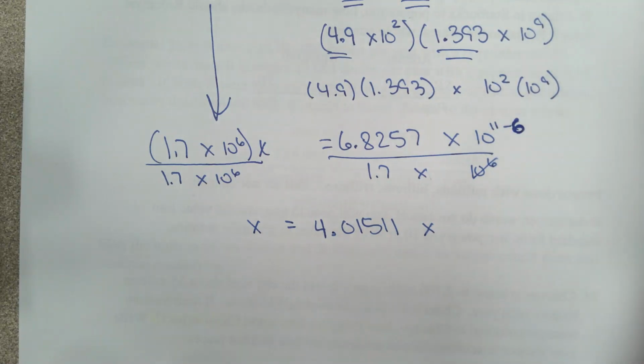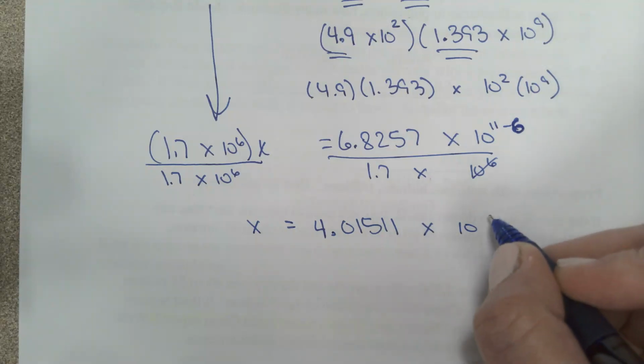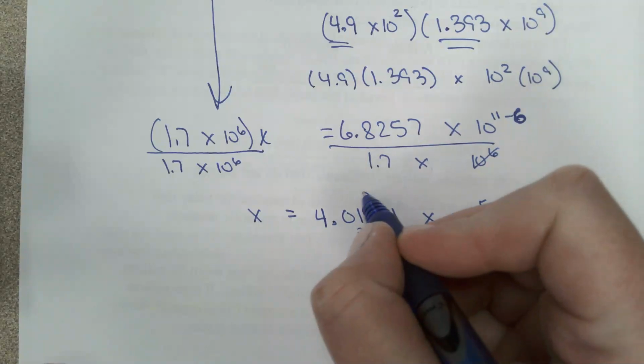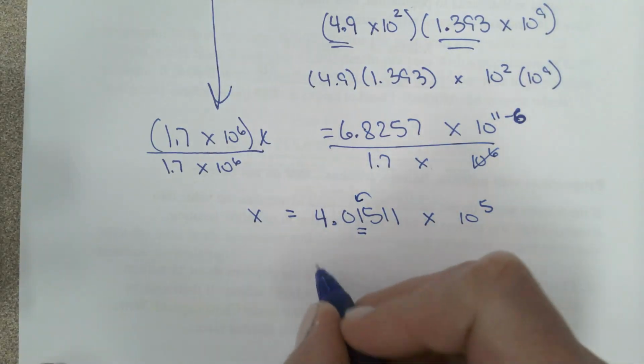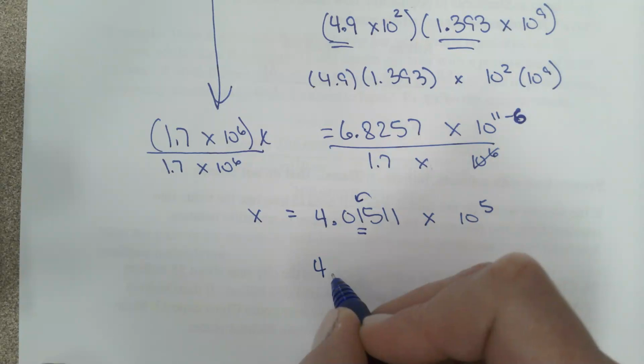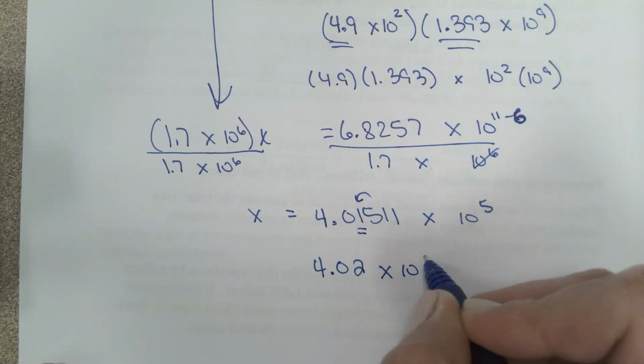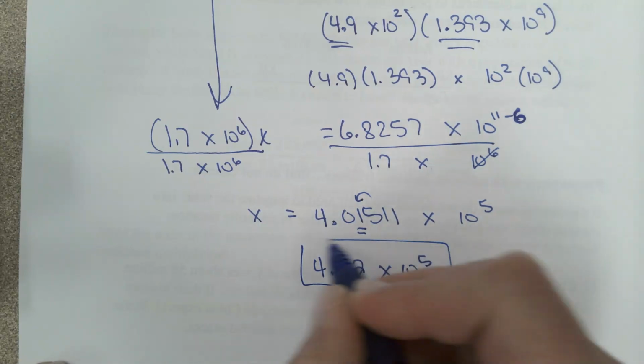I'm apparently doing math in my head already. And that gives me 10 to the 5th. And the problem said round to 2 decimal places. All right, so that means the 5 is going to round that up. And so I have 4.02 times 10 to the 5th.